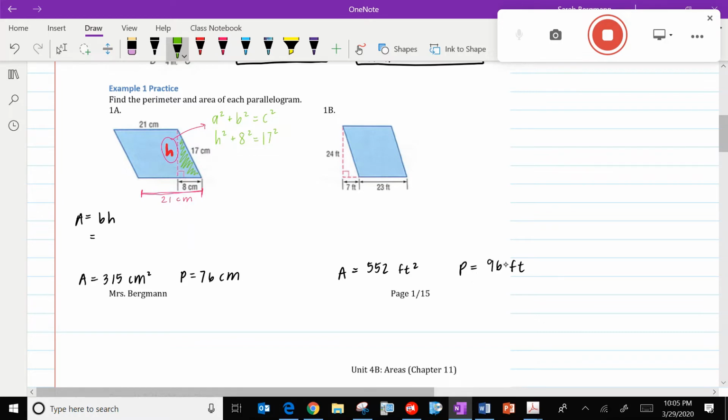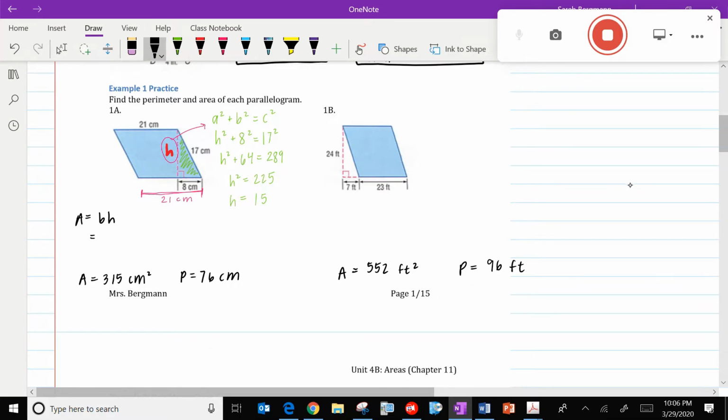So that gives me h squared plus 64 equals 289. To get h squared by itself, I subtract 64 on both sides. That gives me 225. Now to get h by itself, I need to square root both sides. That gives me 15 for the height.